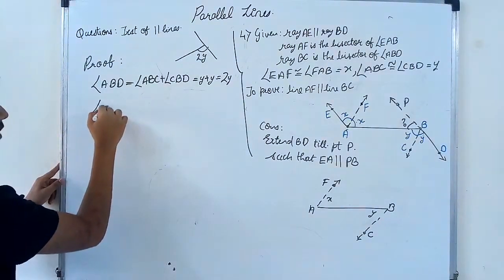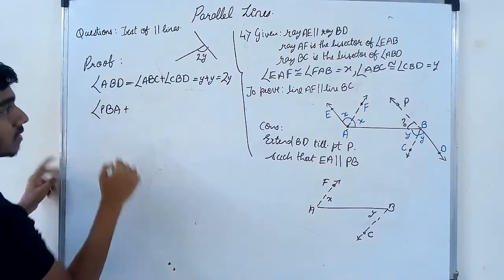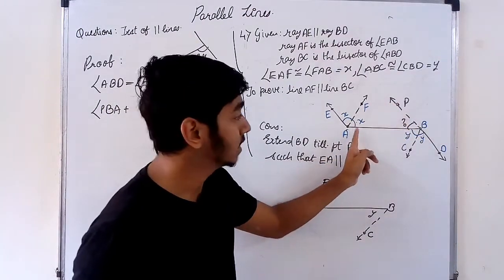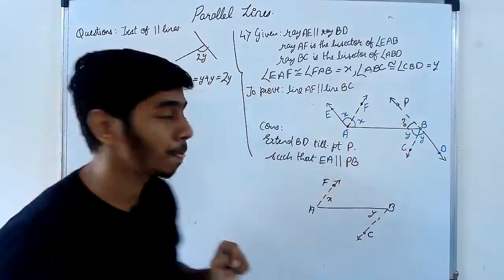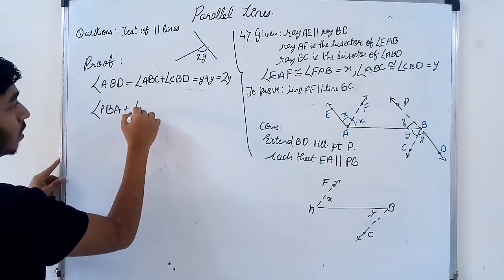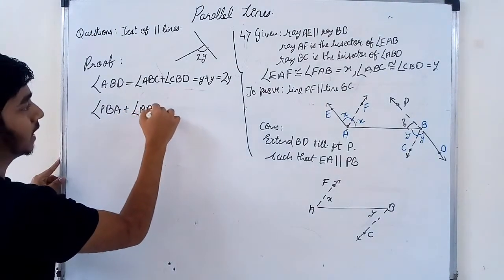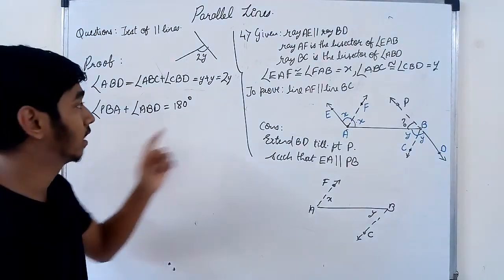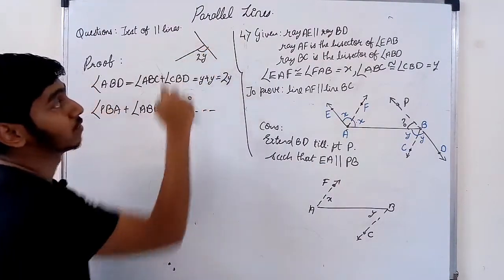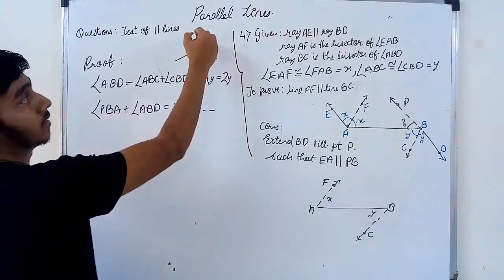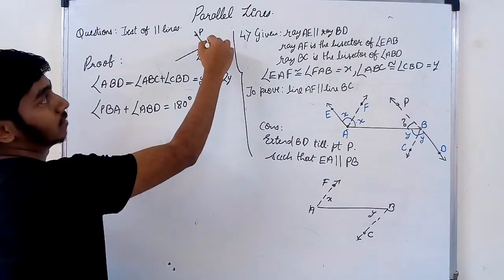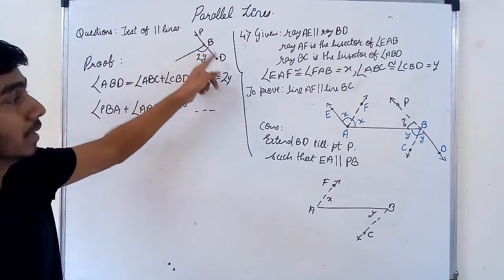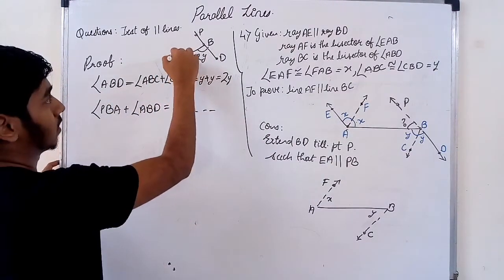We can say PBA plus ABD is equal to 180 degrees. Why? Because the angles are in linear pair, it is forming like this. See, this is P, this is B, and this is D, PBD, and this is A.